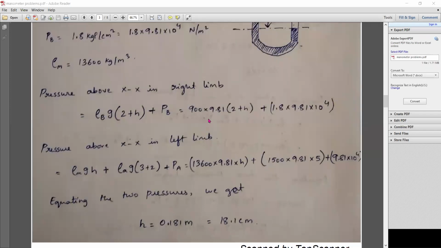Check, please. Too slowly. First split this term properly. 900 into 9.81 into 2.